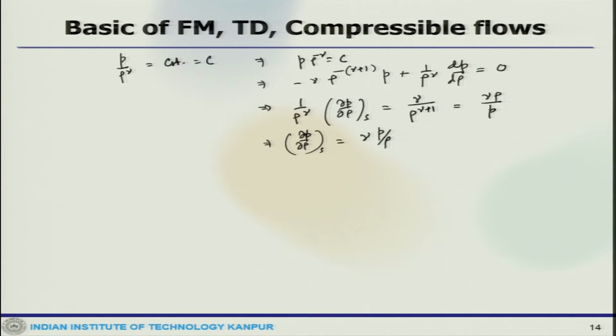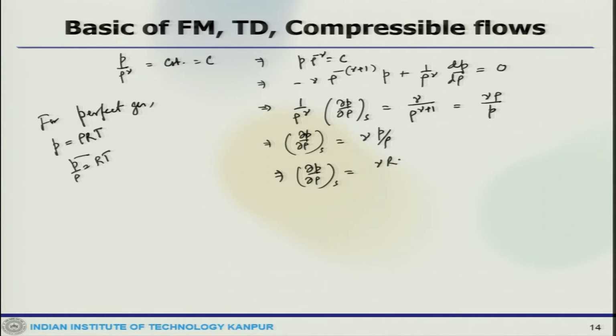Again, for a perfect gas, we can write P equals rho R T. So, that means P by rho is R T. So, we write that del P by del rho for isentropic is gamma R T. Okay.